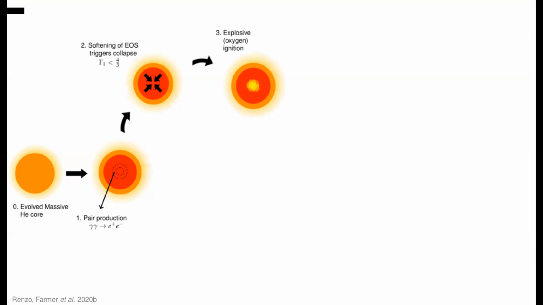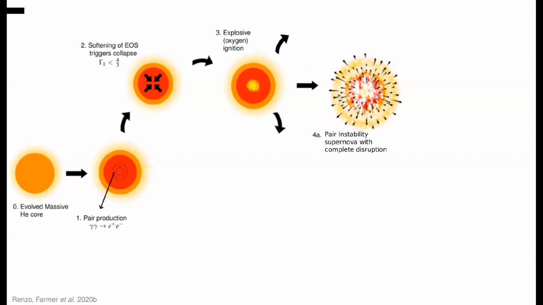And this thermonuclear explosion can have three different outcomes. The first one, which was already realized in the late 60s, is the so-called pair instability supernova. In these cases, the thermonuclear explosion releases more energy than the entire binding energy of the star. And so all the gas flies away and you form no remnant.